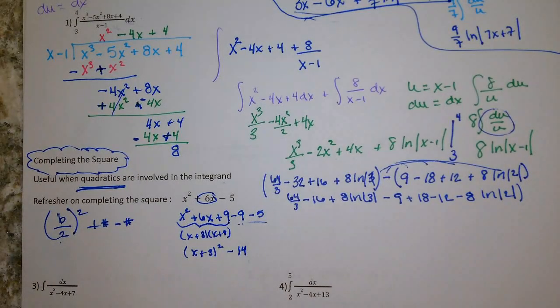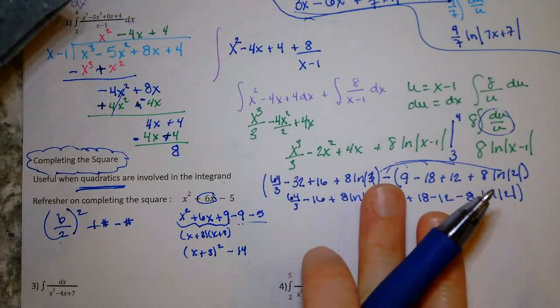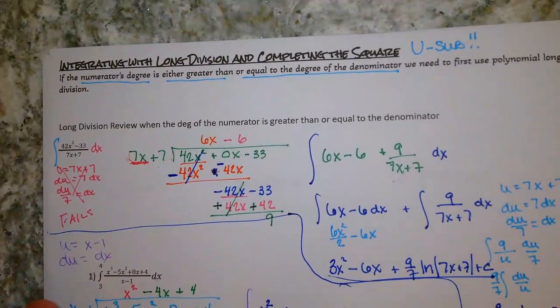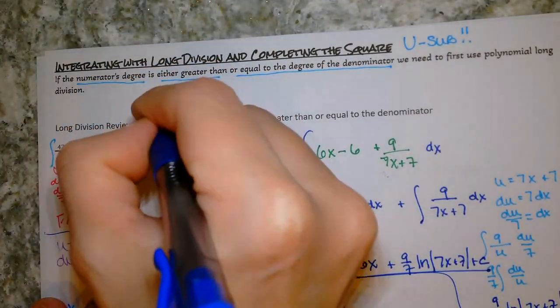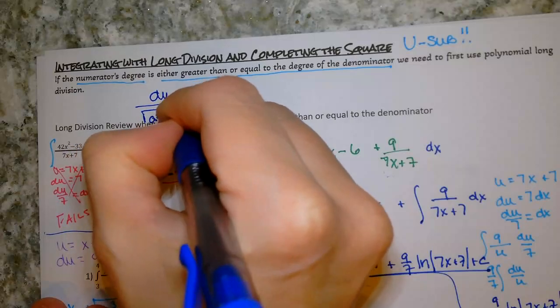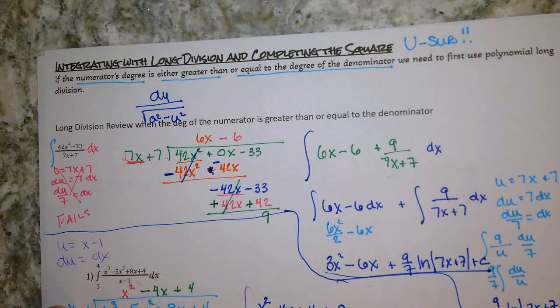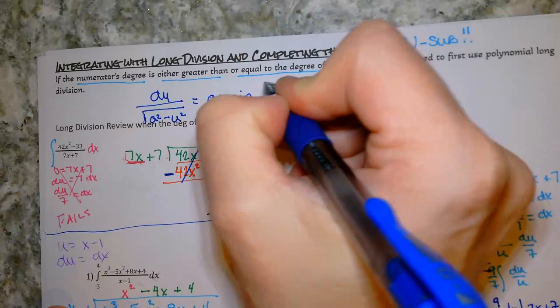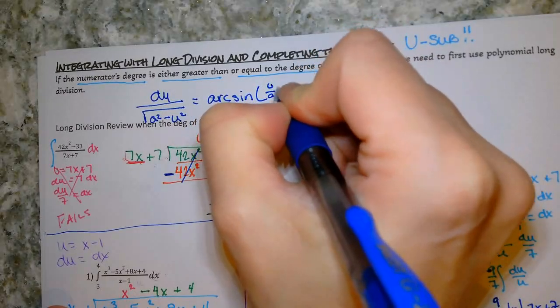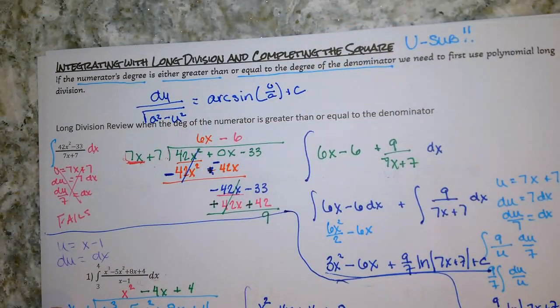Now, in these completing the squares, a lot of times they turn back into the arc-trig functions. So let me go back up to the top and remind you of those two equations. If we have du over the square root of a squared minus u squared, that is our arcsine. That is equal to arcsine of u over a plus c.